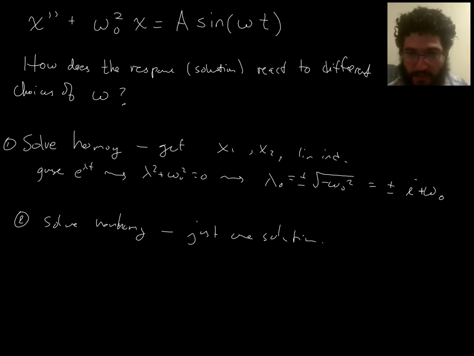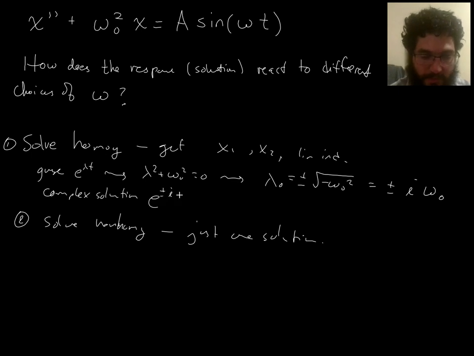And this is complex, so I get a complex solution, which is e to the plus or minus i... so let me just pick one. I only need one of them. Let's say plus i omega naught t, right? This is my solution. This is my e to the lambda t, with lambda being that. And then I can write it out in terms of the real and imaginary parts.